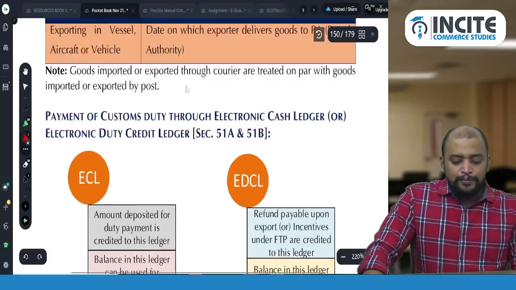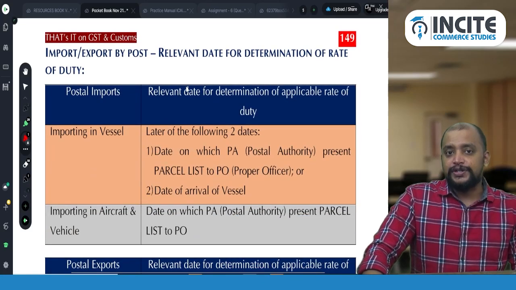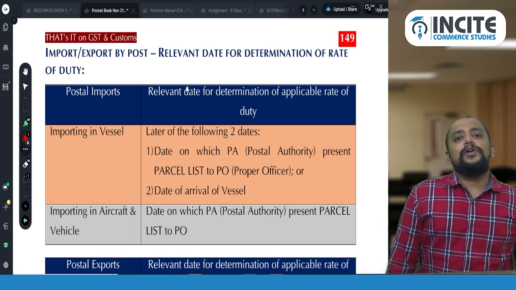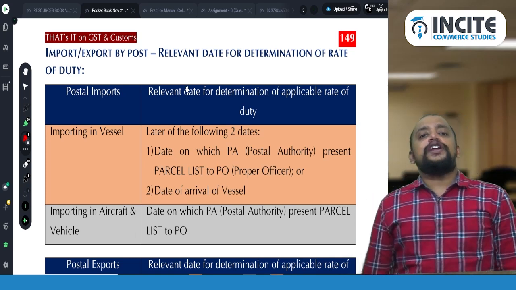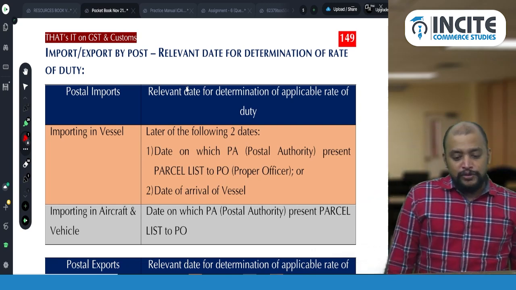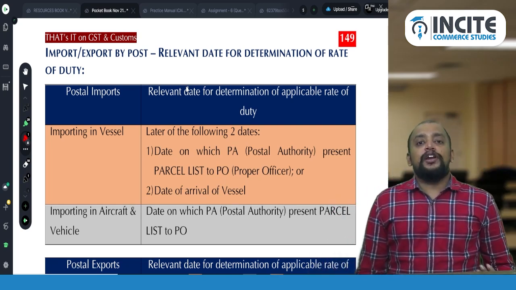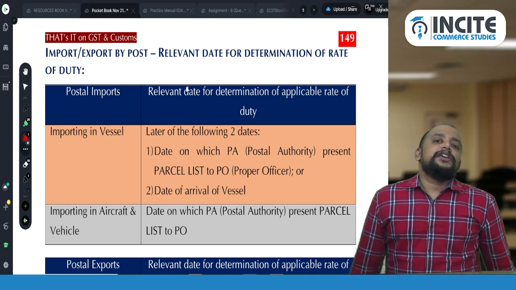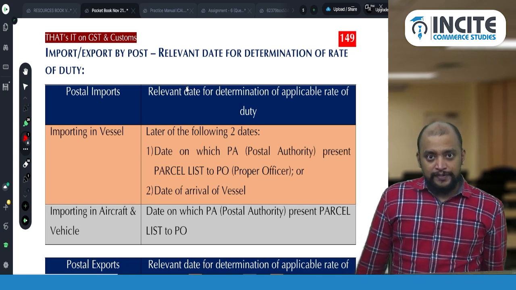Then import or export by post. Import or export by post is equally applicable for import or export by courier. Suppose goods are being imported.